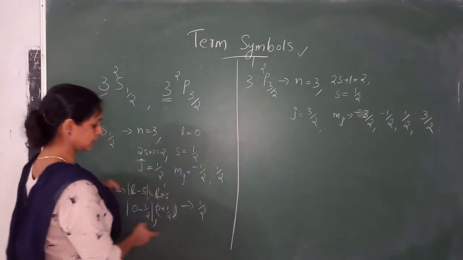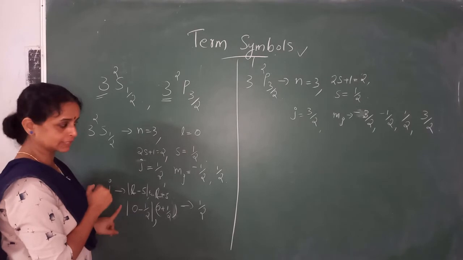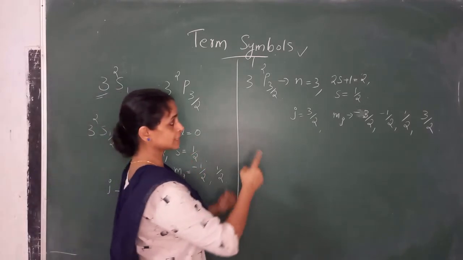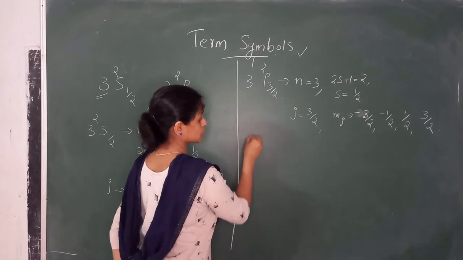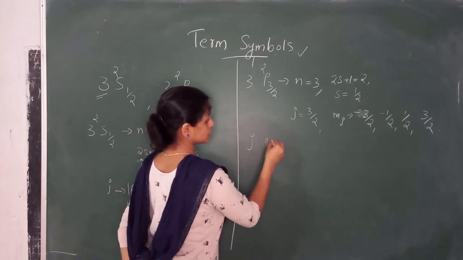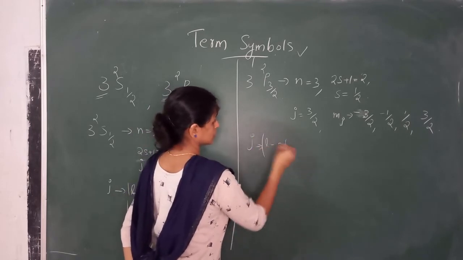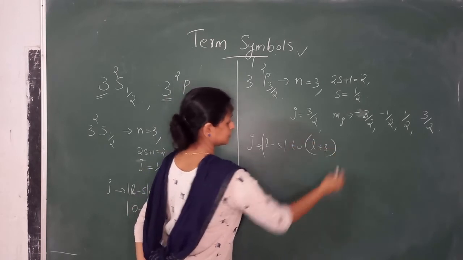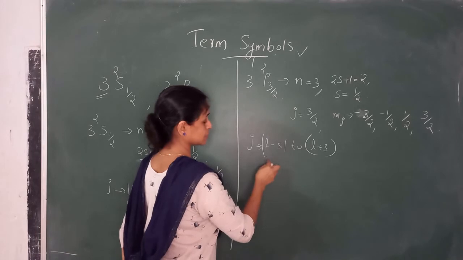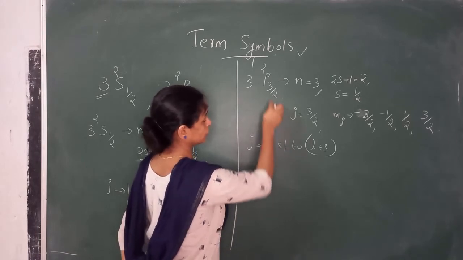Here you can see J will take more than one value in this case. The J value is usually from L minus S to L plus S. That means L minus S means, what is the value of L here?